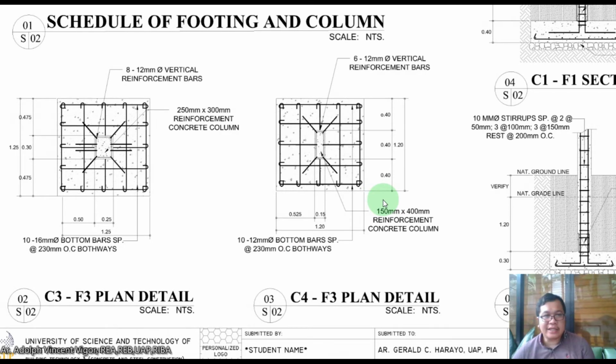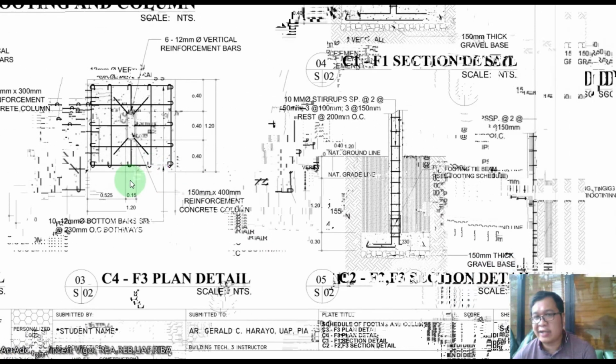The size is 1.25 by 1.25, and the size of the column is around 0.25 by 0.3 with 8 12 millimeter vertical reinforcements. And C4F3 has a size of 1.2 by 1.2 with a column size of 0.15 by 0.4 and 6 12 millimeter reinforcements.